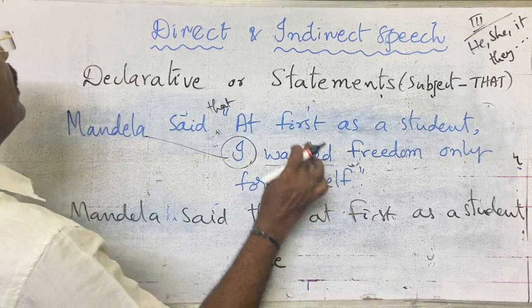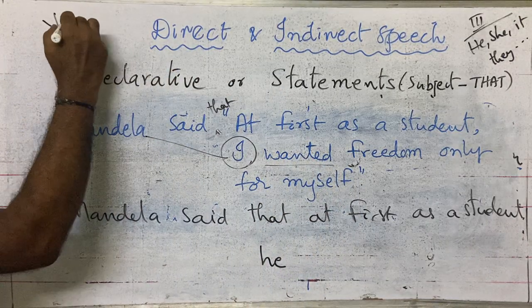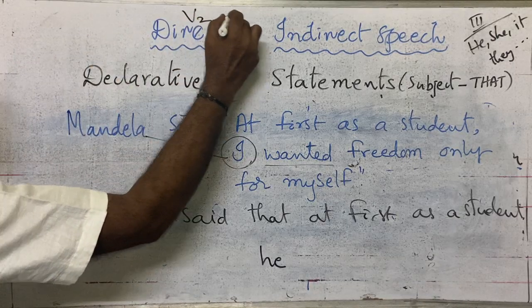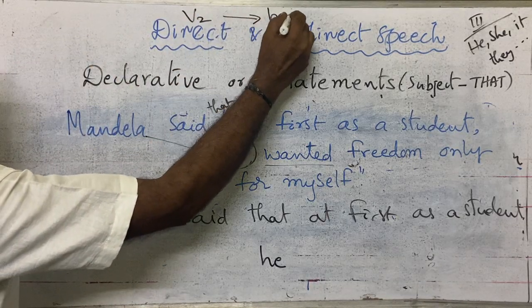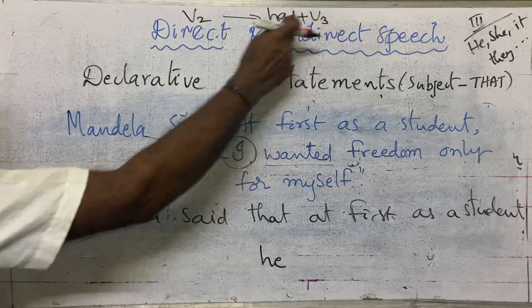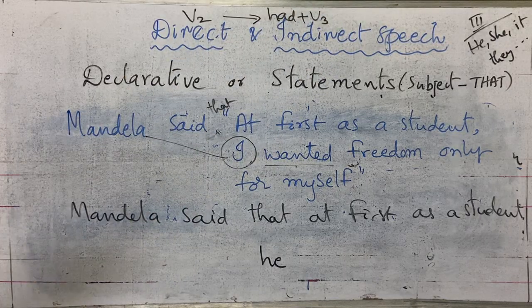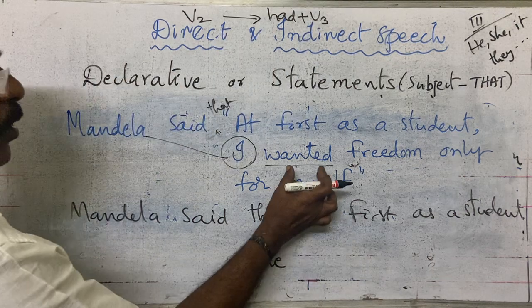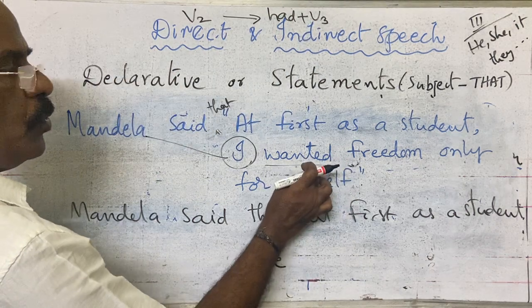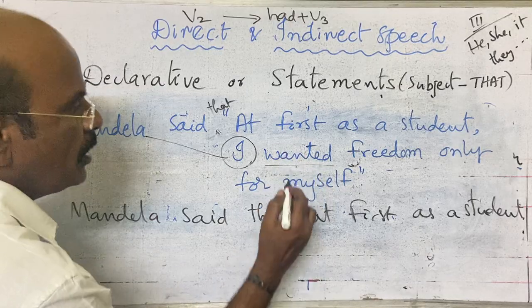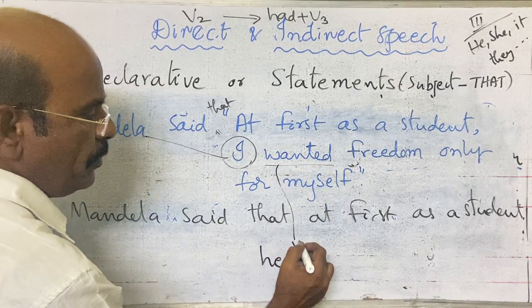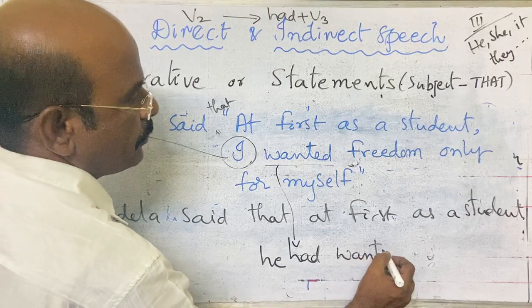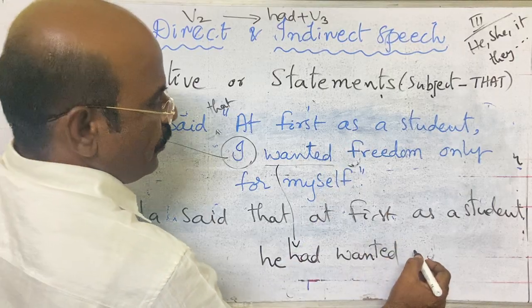When V2 is in the direct speech, it is converting into had plus V3. So that's why here wanted, had plus want, wanted. So this is converting into had wanted. That he wanted freedom.